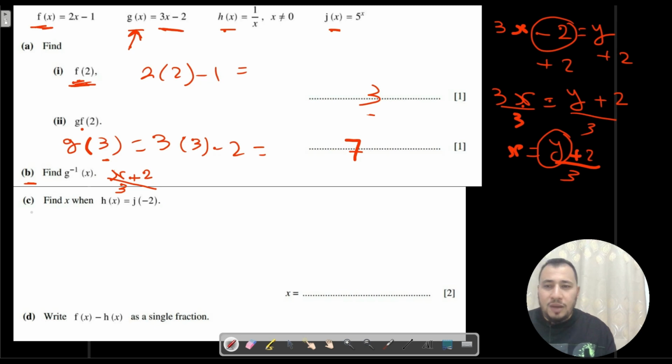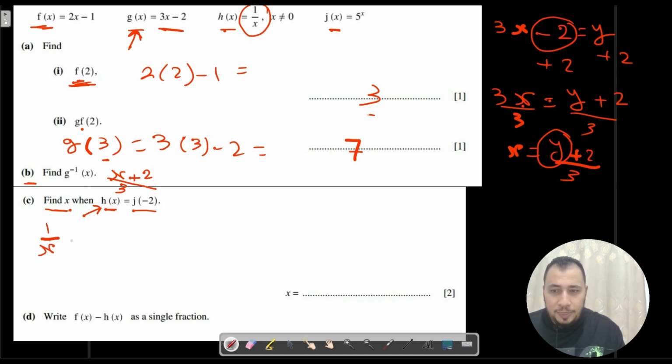Okay. Now let's take a look at question C. Find x when h of x equals j of negative 2. Don't get confused. All of these questions are very simple, and the main idea here is substitution, as I mentioned before. So h of x is here, it is 1 over x. So I'm going to substitute this part with 1 over x, equals j of negative 2.